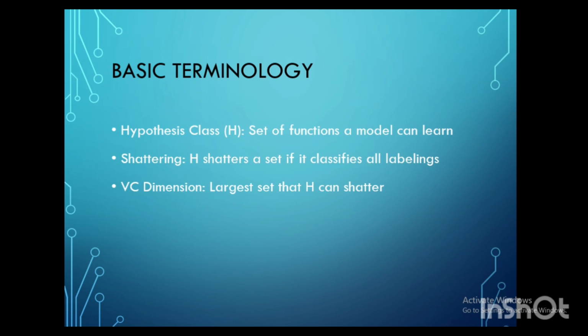If a model can perfectly classify every possible labeling of a set of points, it is said to shatter that set. The third point, VC dimension: the largest set that H can shatter, the maximum number of points a hypothesis class can shatter. It reflects the model capacity.